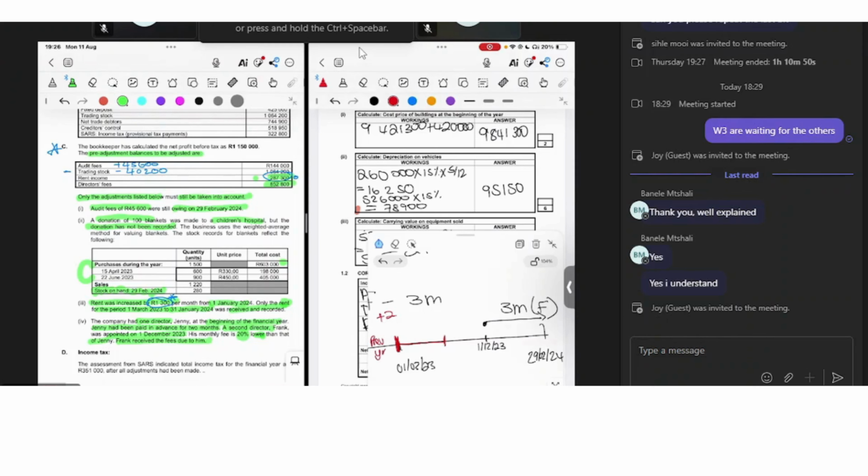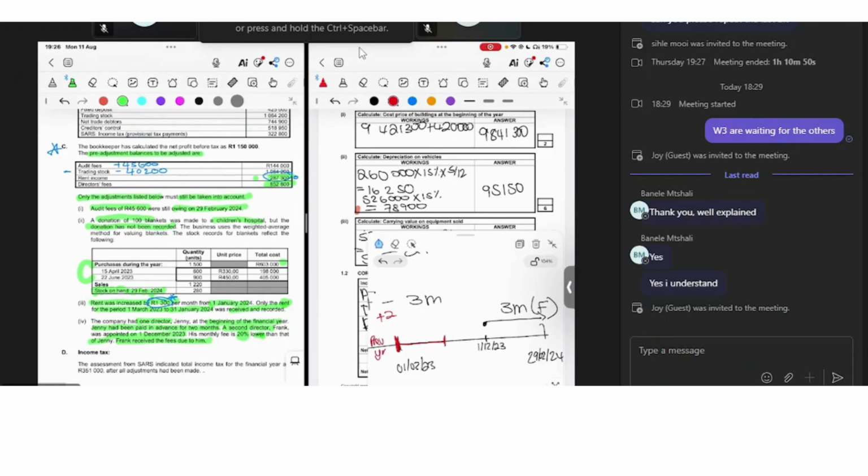Is everyone with me up until that point? So what happened is last year they paid for this year's fees in advance. They paid for March and April last year.